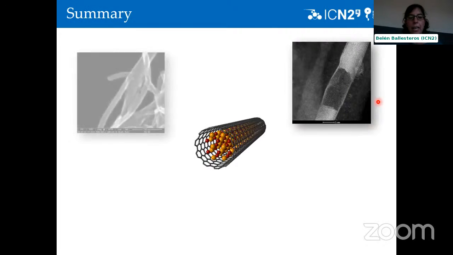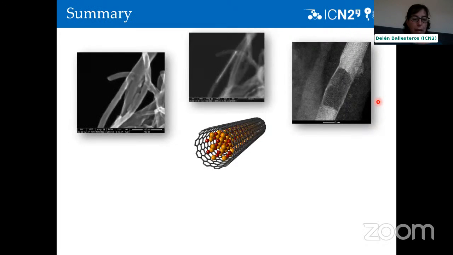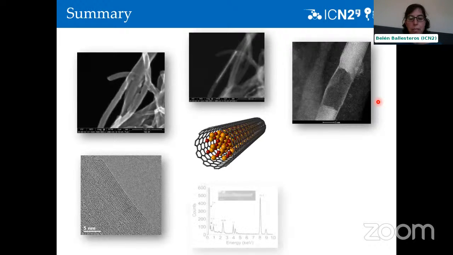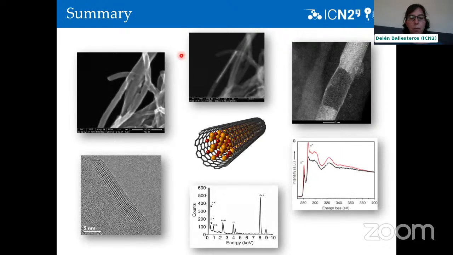So in summary, this is a sample of filled nanotubes, and just some information we could get. We could get information on the morphology. So it's a nanotube, so it looks like spaghetti, if you want. If we go to HAADF STEM, we can see the internal part, which is brighter, it's filled.